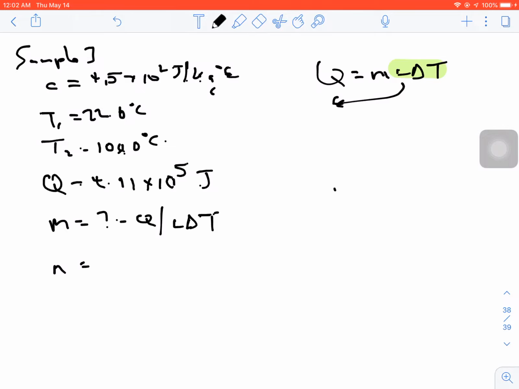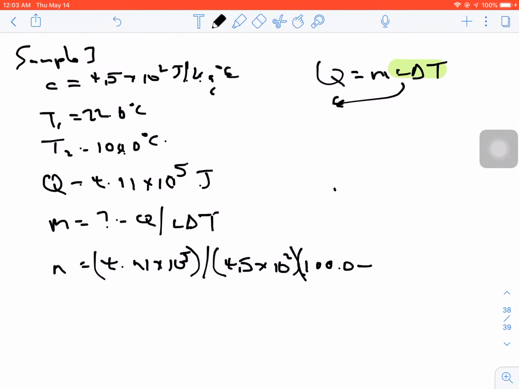Mass is equal to Q, 4.91 times 10 to the power of 5, divided by C, 4.5 times 10 to the power of 2, times ΔT, which is T2, 100, minus T1, 22 degrees C.